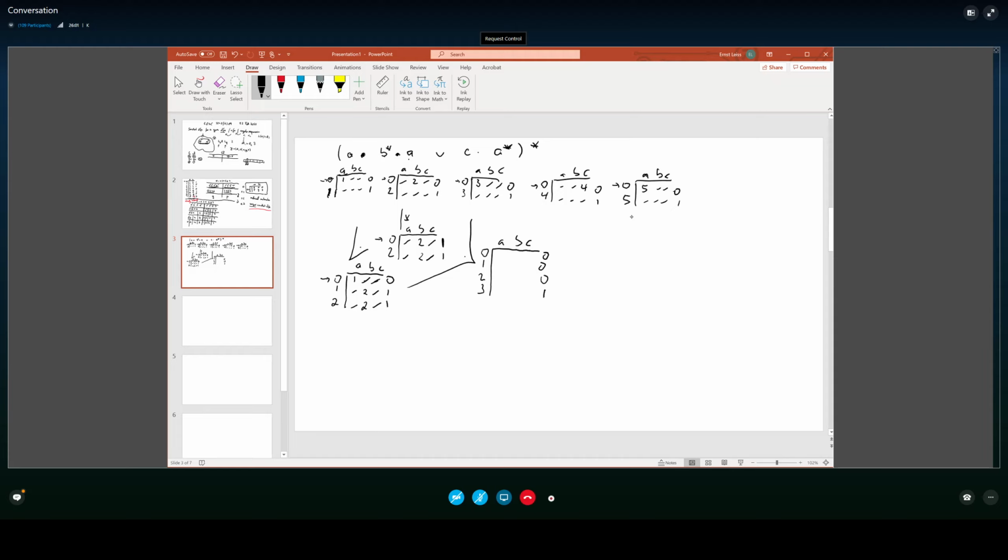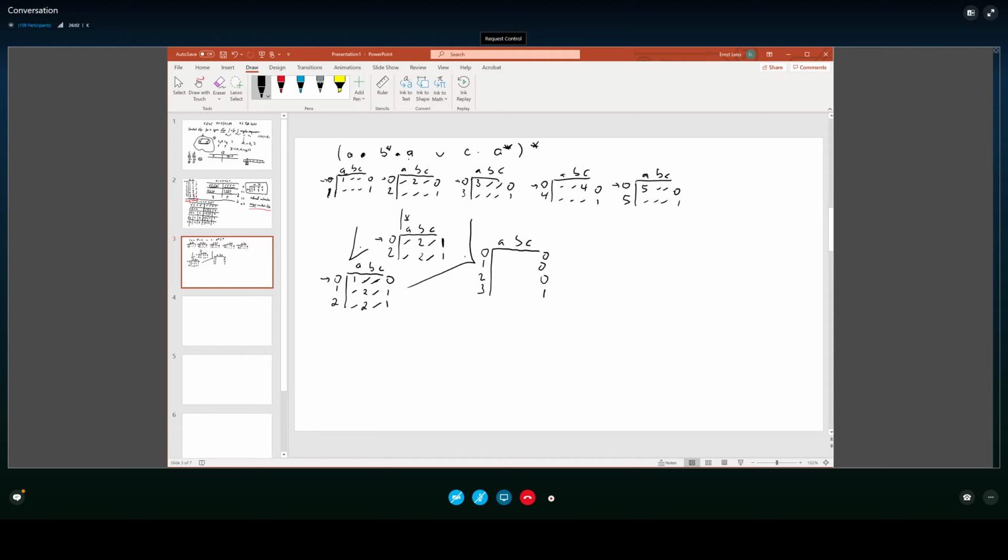Everything else is rejecting. Now the transition function. This initial state is rejecting, so we copy 1, nothing, nothing. 1 is accepting, so we take the union of nothing, 2, nothing with the initial row 3, nothing, nothing, so this is 3, 2, nothing.